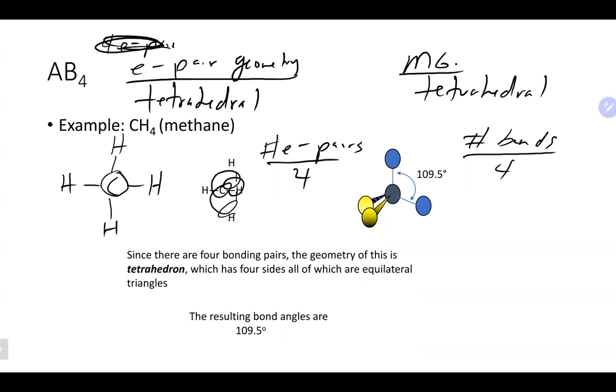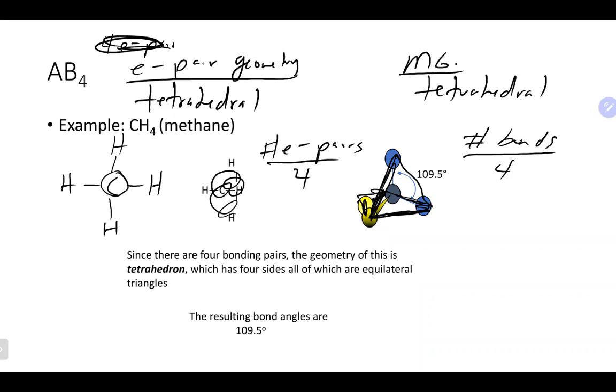It kind of makes a triangle on the face and almost like a pyramidal type shape on the bottom there. It's a tetrahedral sort of geometry. So 4 electron pairs around the central atom, 4 bonds, tetrahedral for both the electron pair geometry name and the molecular geometry name. Up until this point, have the names been different?